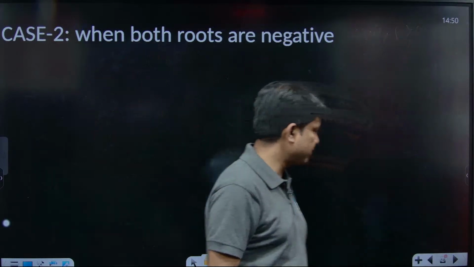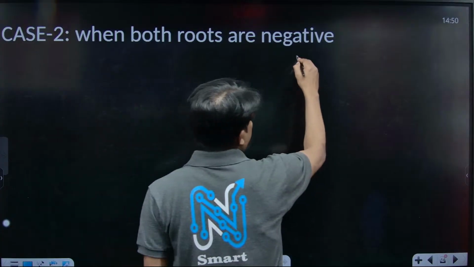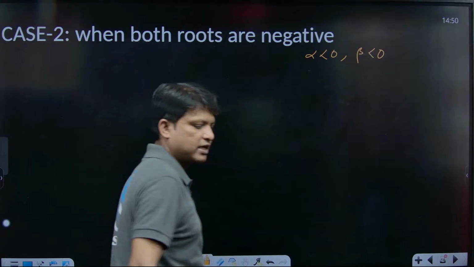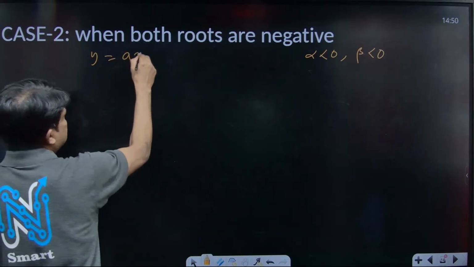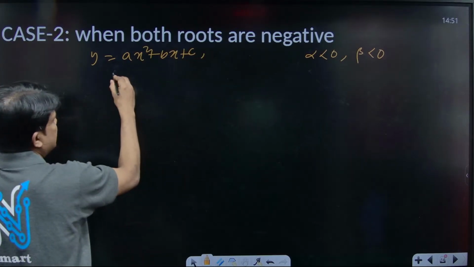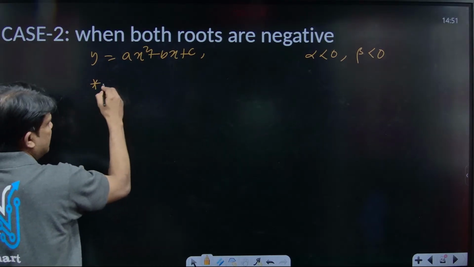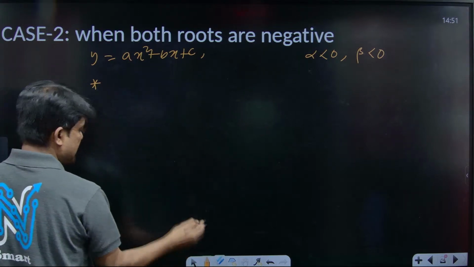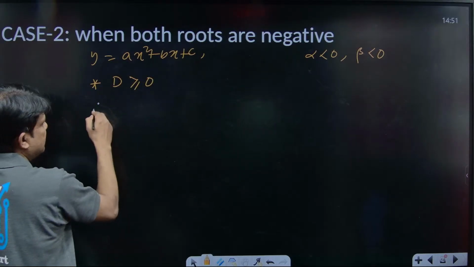Now the next case, when both roots are negative, that means alpha is negative and beta is also negative. For y equal to ax square plus bx plus c with both roots negative, which conditions do we have to analyze? First, real roots exist, so the discriminant must be greater than or equal to 0, either equal or distinct.